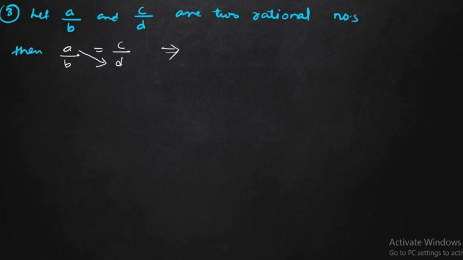Multiply diagonally, that is a into d equals b into c. So if two fractions are equal, then that can be written in this form. Multiply diagonally; this can also be called cross multiplication. A will be multiplied by d, equals b multiplied by c.